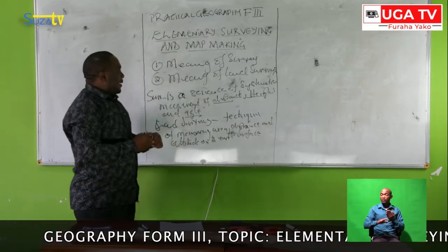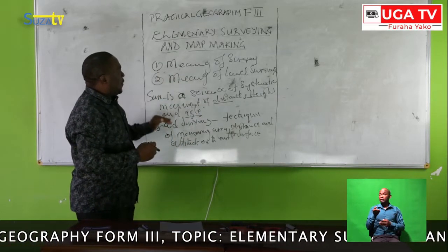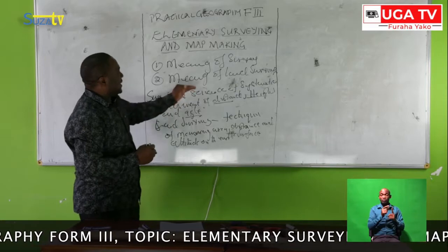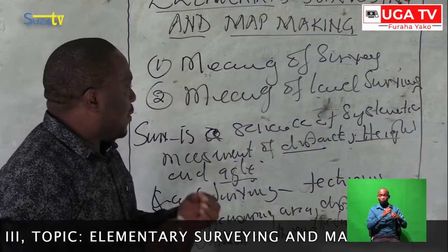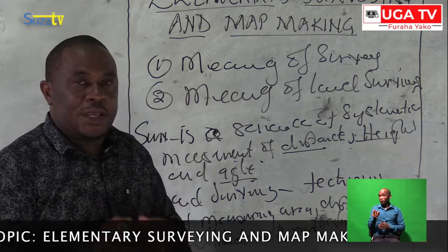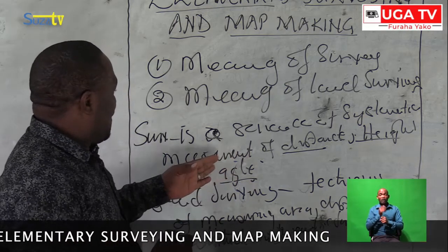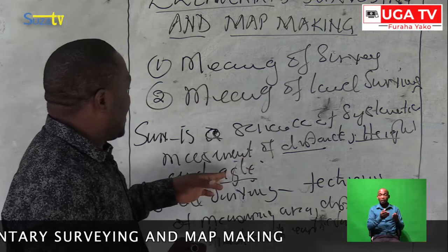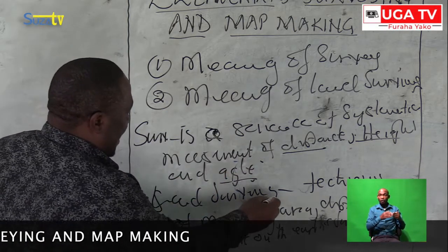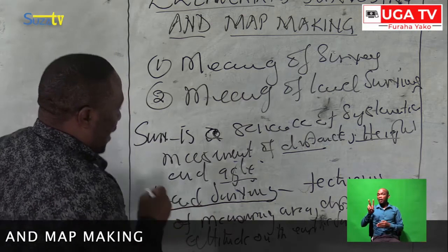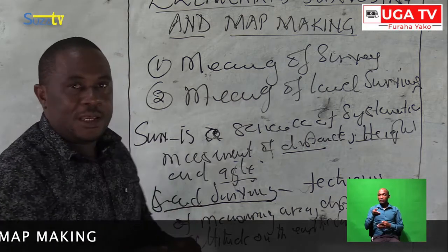So these two terms, when we look, the first is a science. It means it is knowledge which a student or a person needs to have in order to measure distance, height, and angle. But surveying is physical work, or field work.